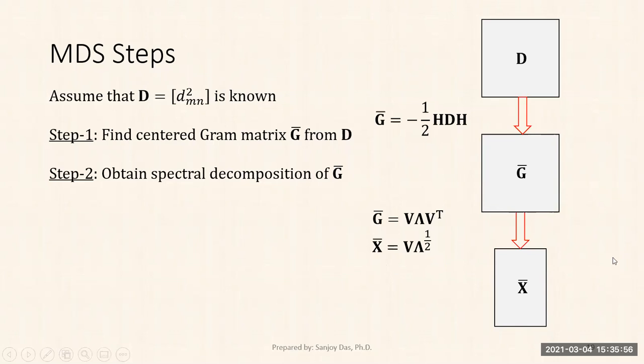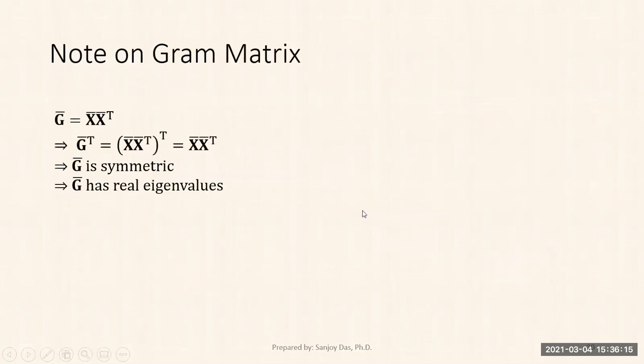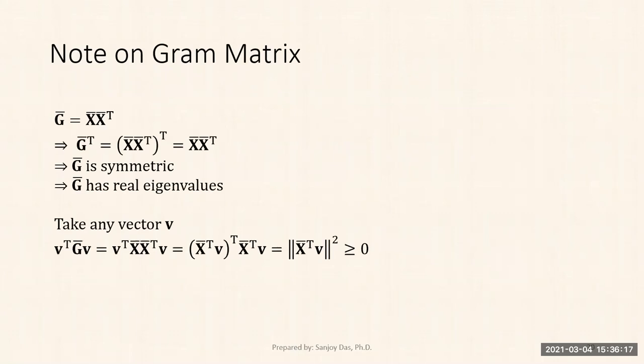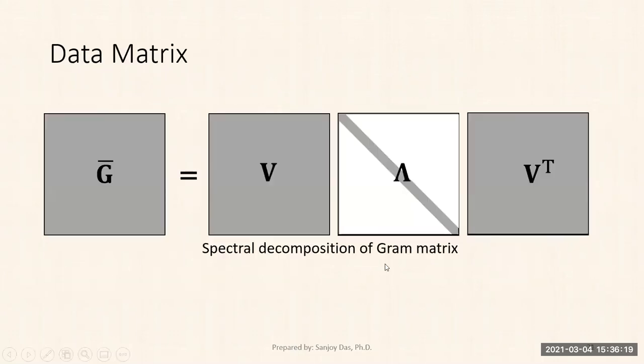In this figure, you see X is low dimensional. In fact, suppose you have high dimensional data, 1,000 dimensional data, and you want to visualize them in 3 dimensions. What you can do is this. We saw this is the Gram matrix.